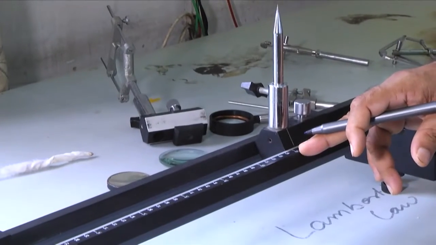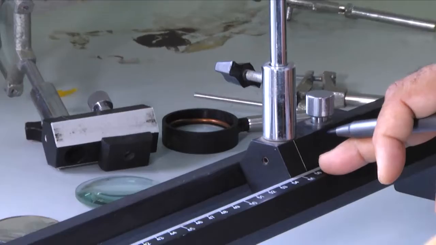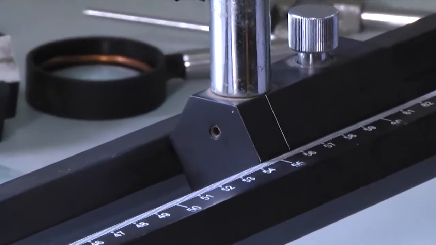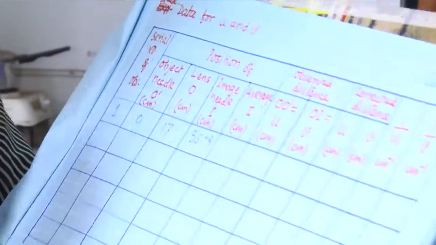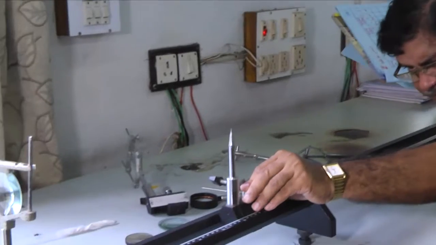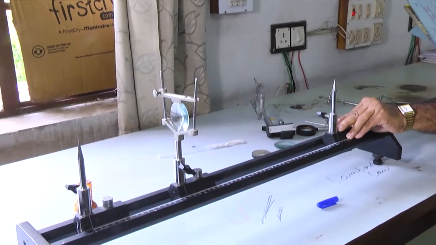So, the needle image reading is 55.8. As I told, this is not the unique position, so one should again try to find out a better position.